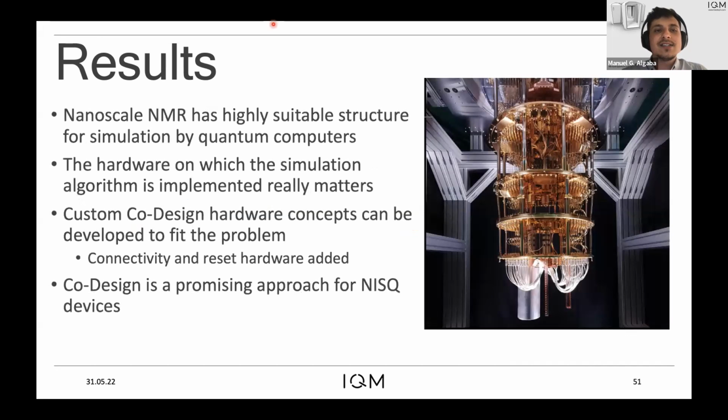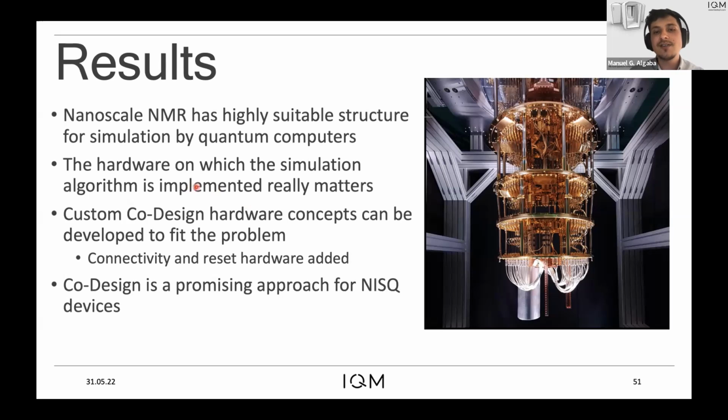At the end, just to conclude, I will say that nanoscale NMR is a problem that has a highly suitable structure for simulation on quantum computers. Also, the hardware on which the simulation algorithm is implemented really matters because you can save lots of gates with it.